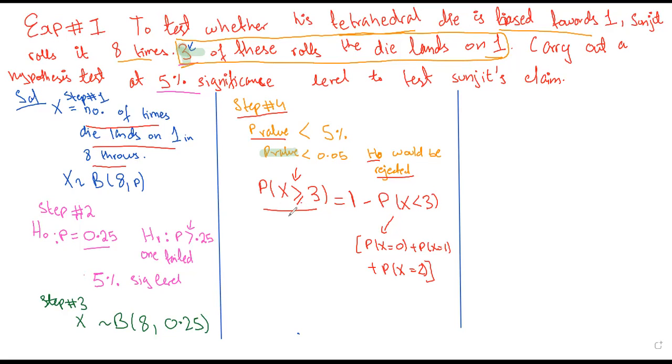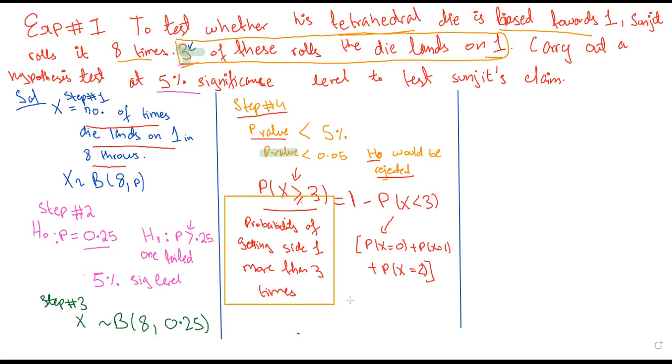Is this making sense to you? Yes. If you are getting side 1 more than 3 times, the probability of getting side 1 more than 3 times. This is what this p value basically means.